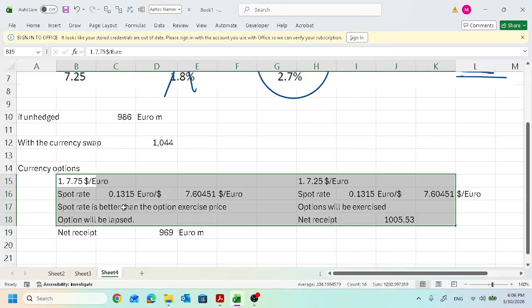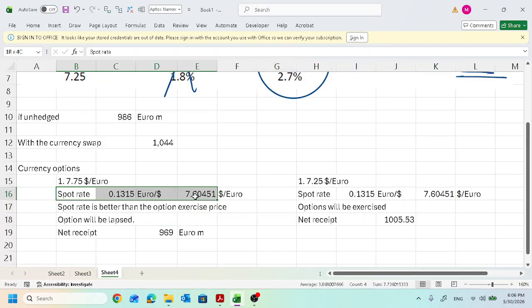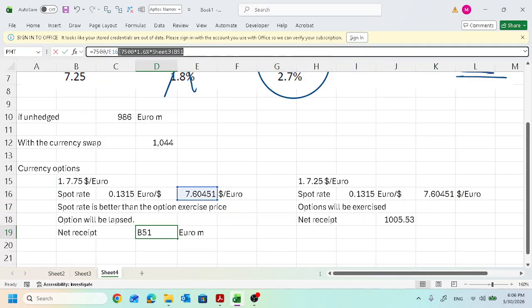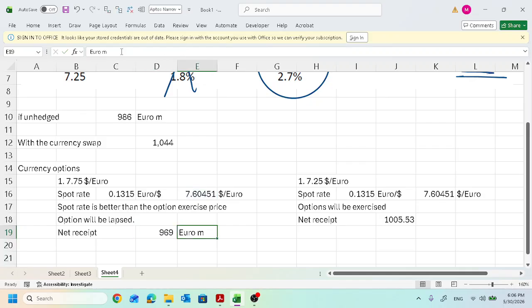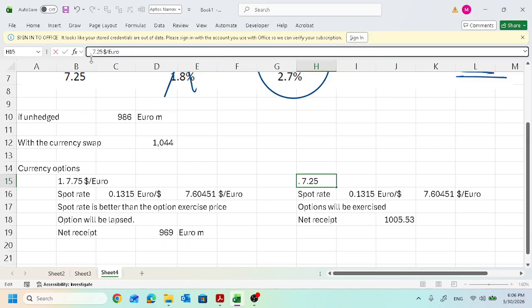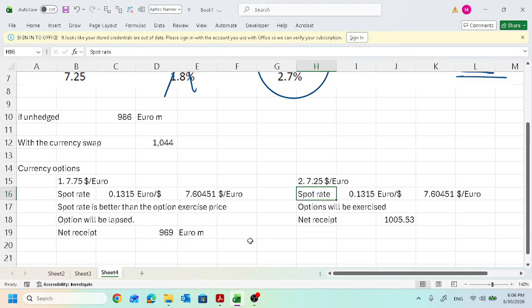In the first case, we saw the spot rate looks better, so we say we don't want this option. However, initially you paid a premium. That is a cost to you, so you subtract it. In the second case, the option looks better than the spot rate, so you would exercise the option. This still gives you a better result than going unhedged.